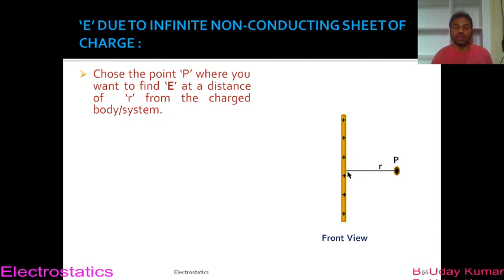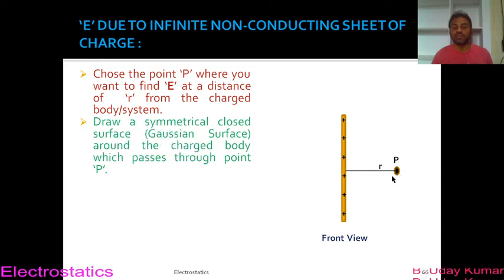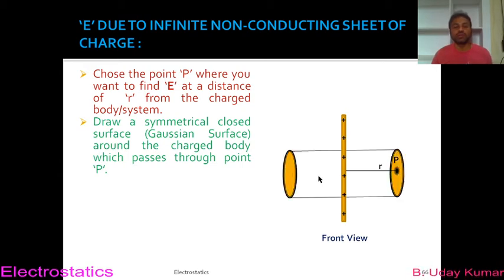The next step is to construct a Gaussian surface in such a way that it passes through point P. You have to construct a symmetrical closed surface around this charged body which passes through the point P. In this case, the symmetrical Gaussian surface will be a cylinder, which is horizontal now.